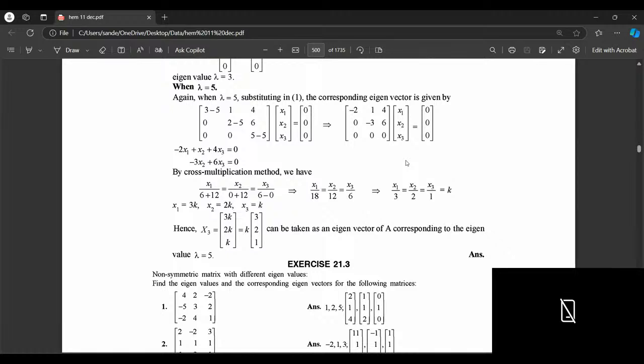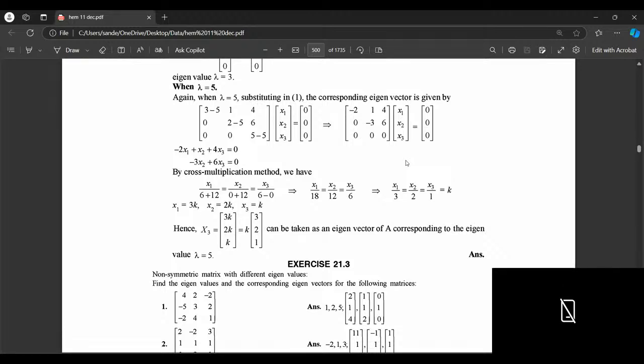Then again using Cramer's rule, you will get the third eigenvector k times (3, 2, 1). So your third eigenvector is (3, 2, 1).